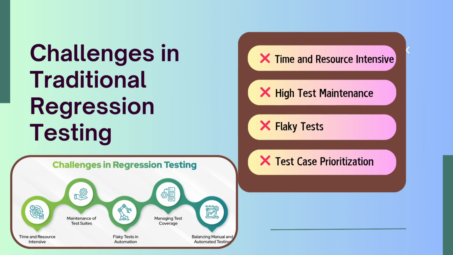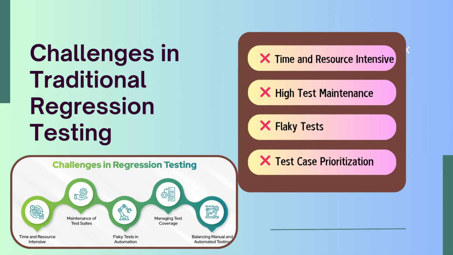You can also see some of the best automation tools for regression testing, like Selenium, TestNG, or Cypress. So automation is a game changer, but here is a problem. Traditional automation scripts also break due to minor UI changes. That's where AI comes into the picture, and we will talk about it in the next segment.